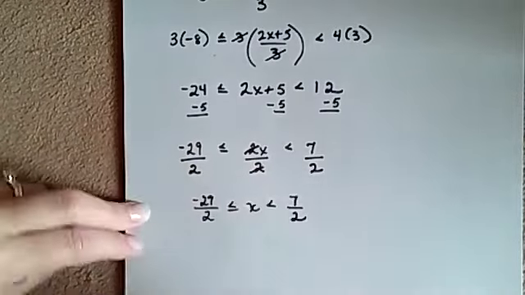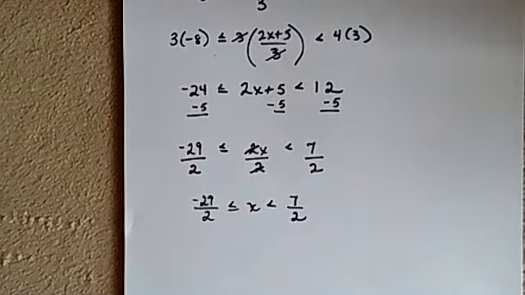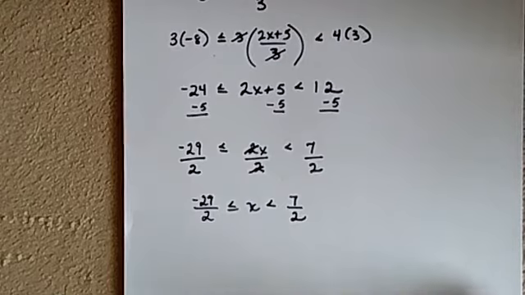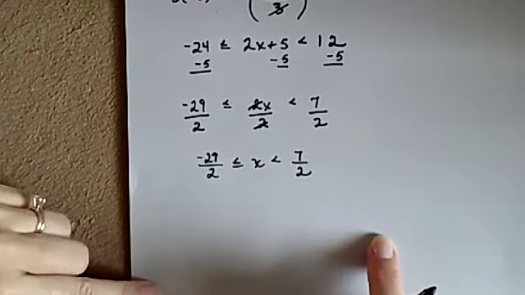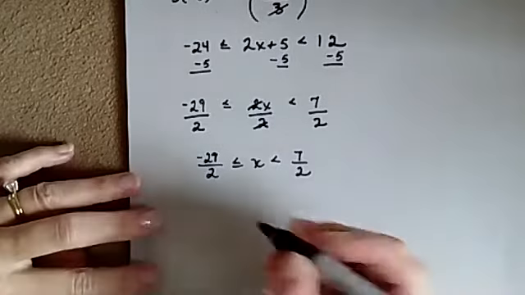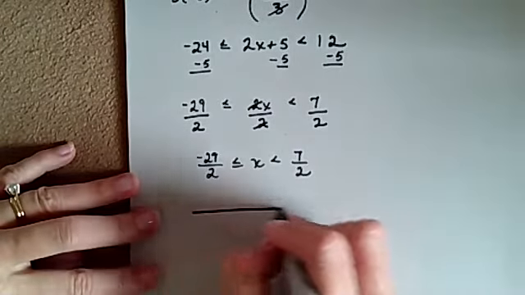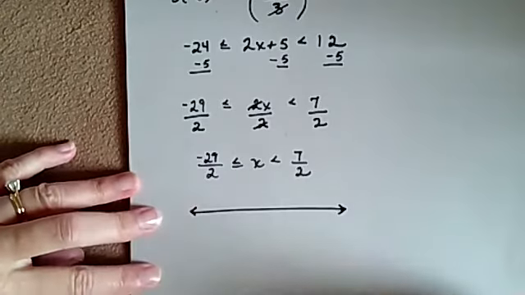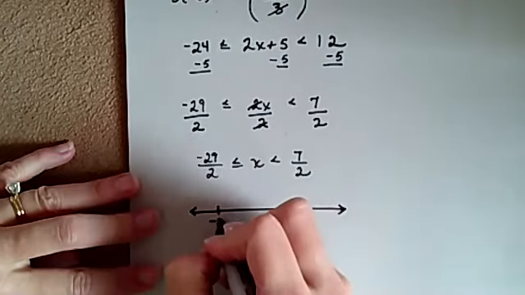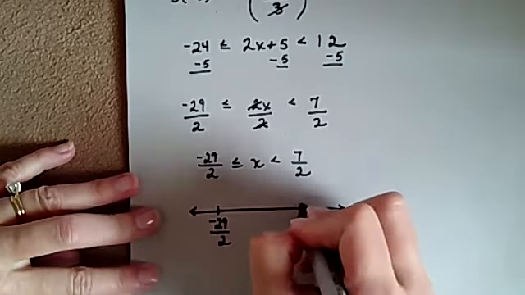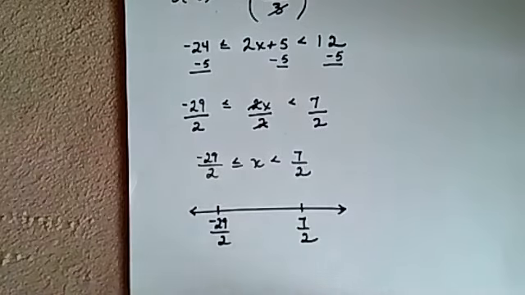Now, we want you to write the answer in interval notation, so let's look at that. You don't have to draw it out on a number line, but I'm going to just to show you. So if I were to take a number line and graph out the solution, here are 2 values from least to greatest.